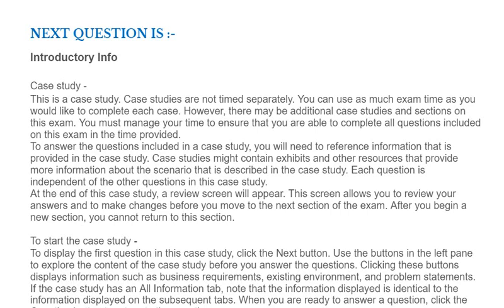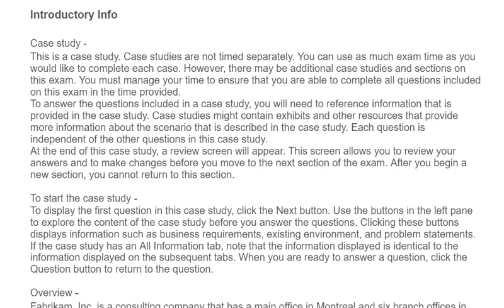At the end of the case study, a review screen will appear. This screen will allow you to review your answers and to make changes before you move to the next section of the exam. After you begin a new section, you cannot return to this section. To start the case study, to display the first question in this case study, click the Next button. Use the buttons in the left pane to explore the content of the case study before you answer the questions.